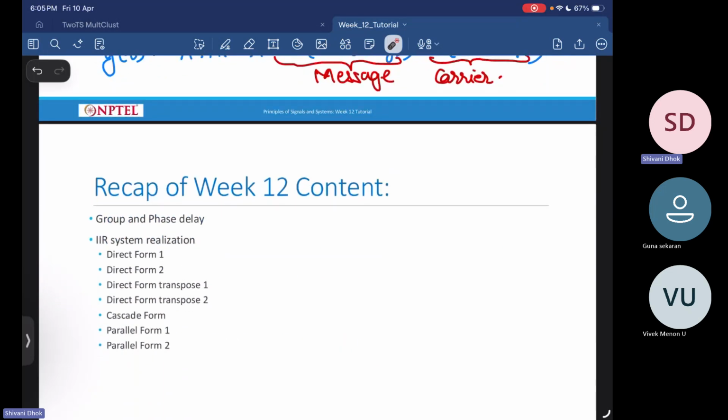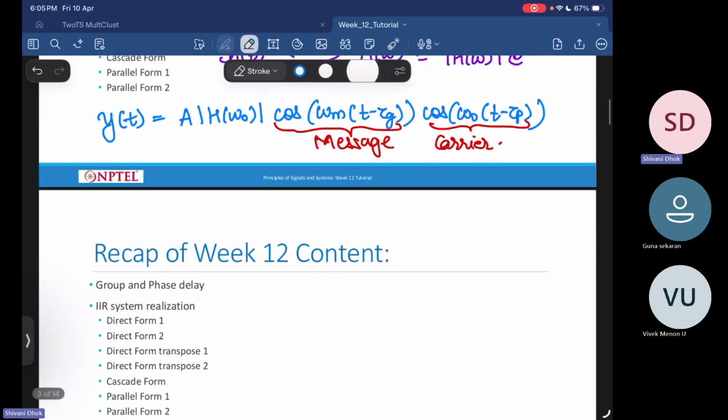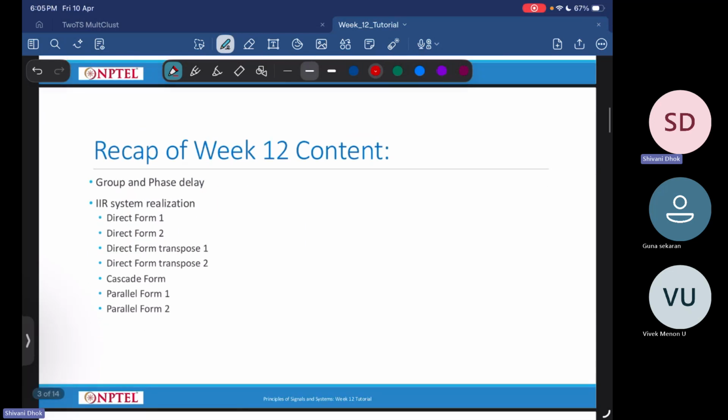Then we looked at system representations. We looked at IIR representation, and equivalently we can get FIR representation as well. These representations are for your discrete time systems.